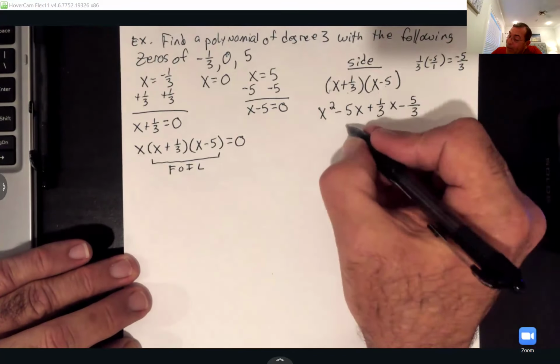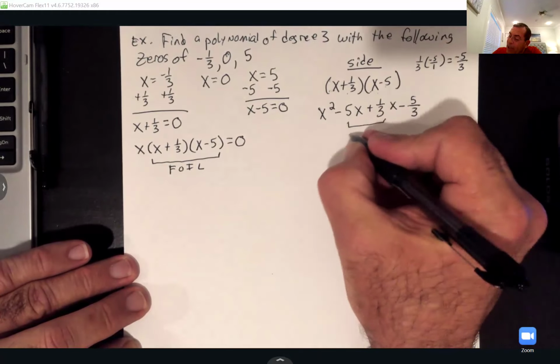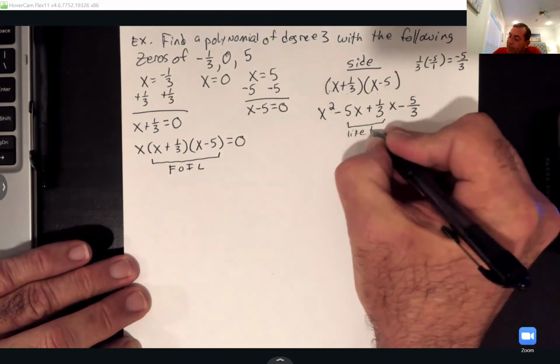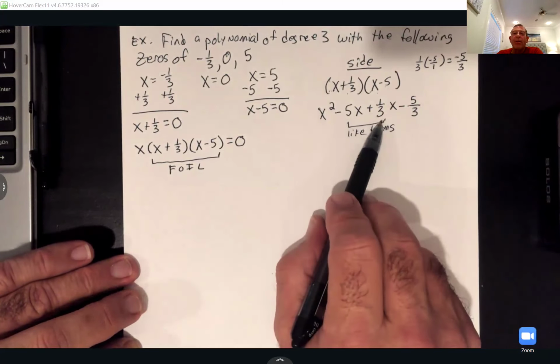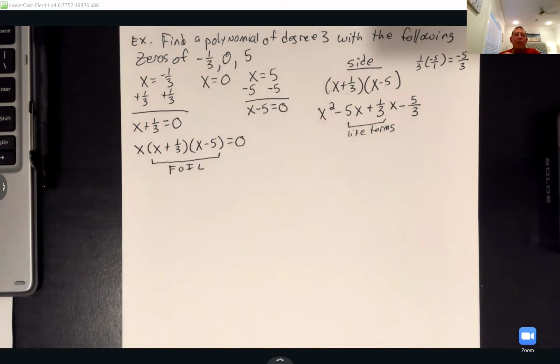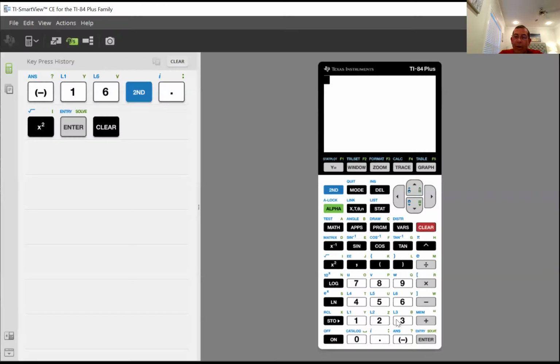So the trickiest thing on this one is those like terms. What does a negative 5 and a positive 1/3 give us? Well, y'all, you know what? We got calculators. If you don't feel like messing with finding common denominators and all that, go to this calculator right here and ask it what is a negative 5 plus a 1/3, which is 1 divided by 3.